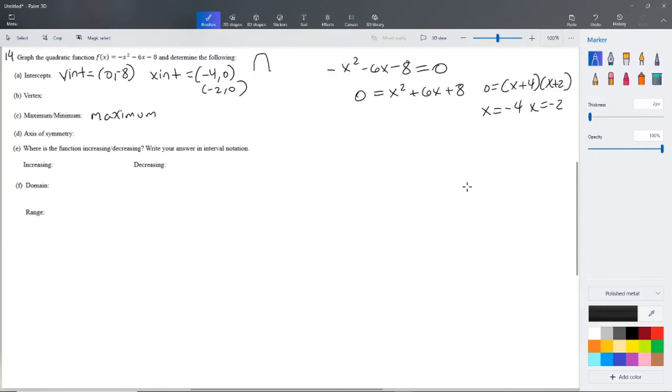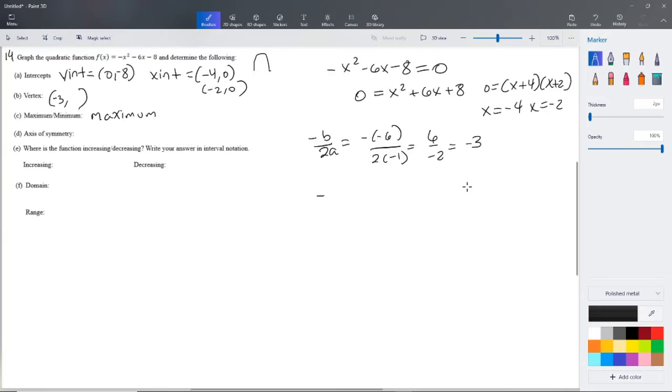The vertex is negative b over 2a to start that one. Because remember, our vertex is also a point in space. Our b value from our original is negative 6, so it looks like negative of negative 6 divided by 2 times a. A is negative 1. And so that's going to give us positive 6 over negative 2, otherwise known as negative 3. So our vertex is going to be negative 3 comma something. We're going to take negative 3 and stick it into our function.